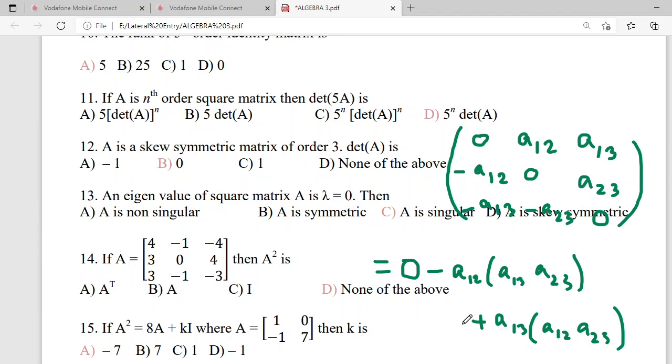So A is a skew symmetric matrix of order 3, and determinant A is 0.